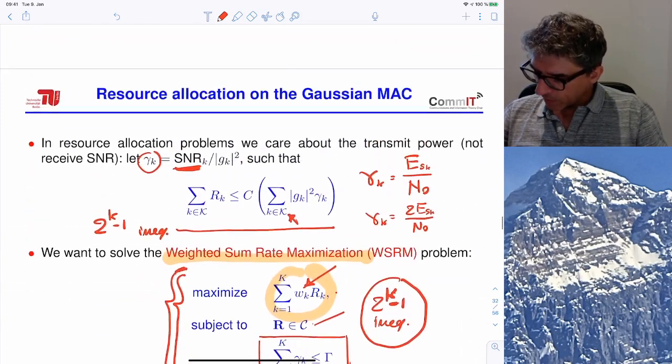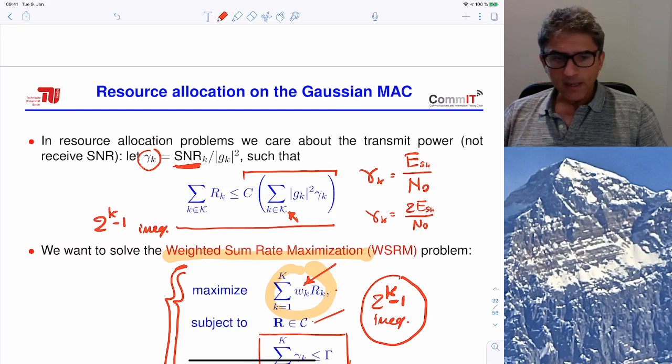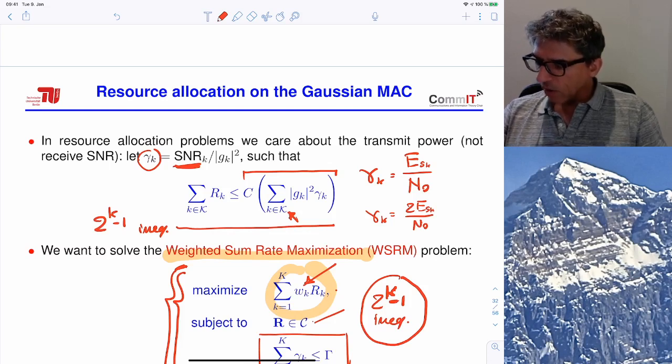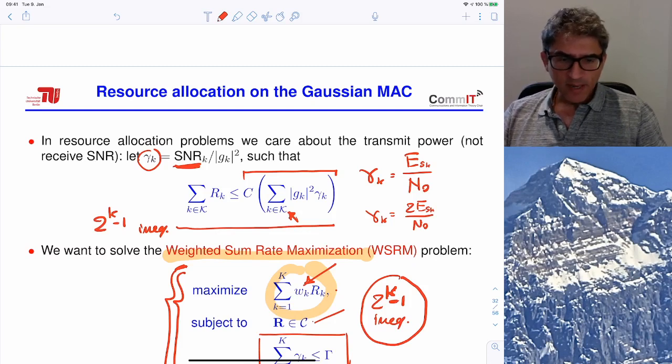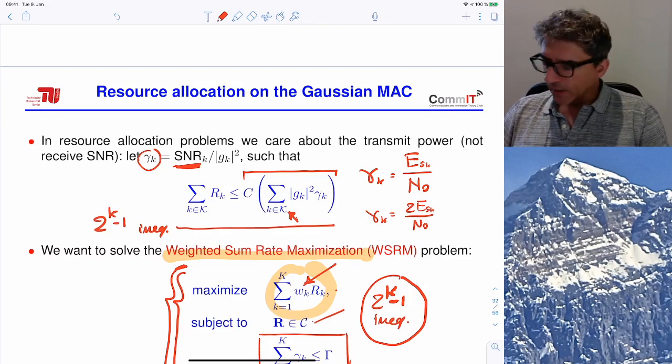For example, this function is exactly like that, because for every calligraphic K, C of the sum over the set of these terms is a number and is non-negative because it's log of 1 plus this sum. So we are exactly in this case.